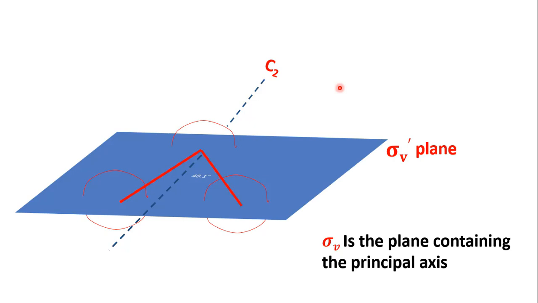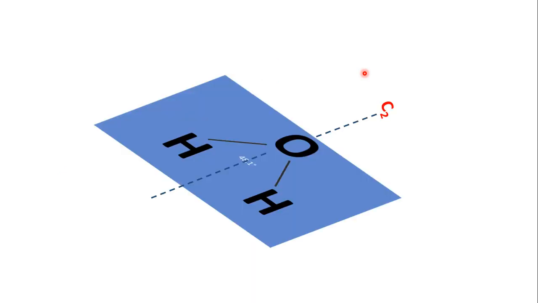So this is also a vertical plane of symmetry because the plane contains the principal axis. The same can be represented in a different way also, like this. This is the sigma v dash plane, a vertical plane of symmetry containing the principal axis.